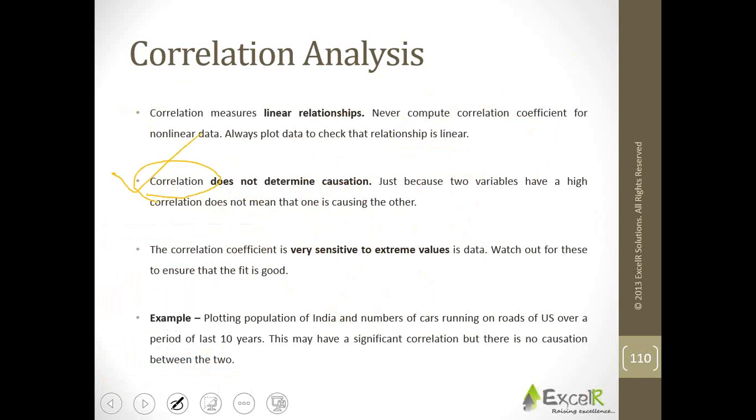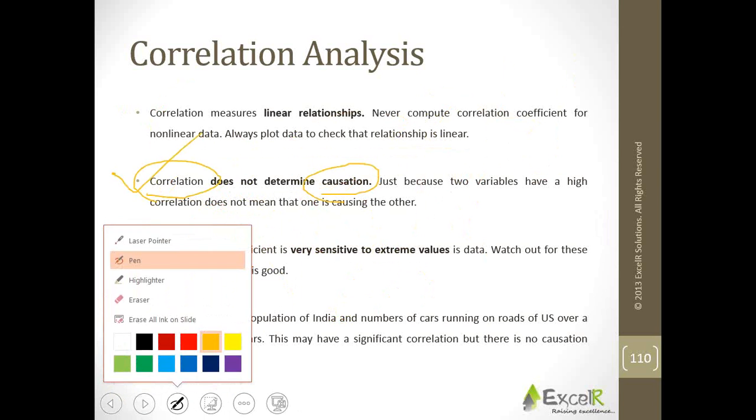This is a classic example to explain the difference between these two. There is a good correlation, but there is no causation. You eating ice cream, how is that related to sharks attacking you? So there is no causation. Correlation does not determine causation.